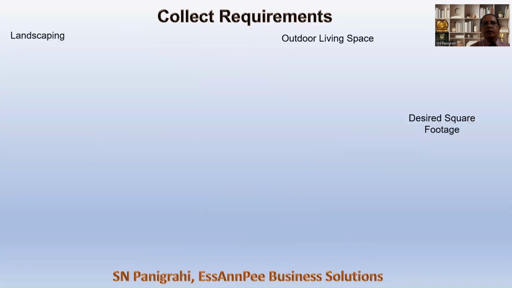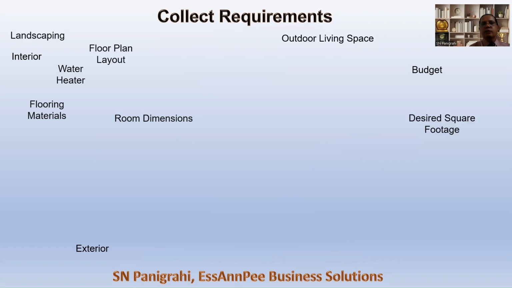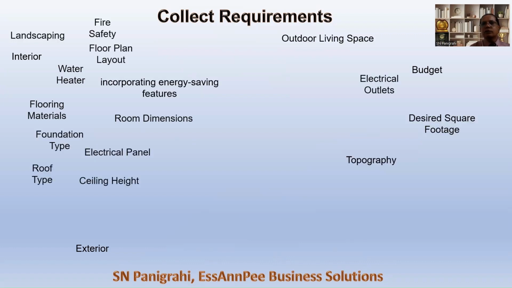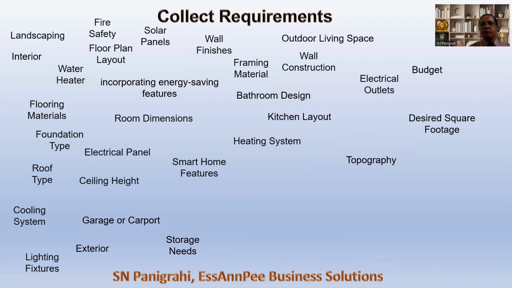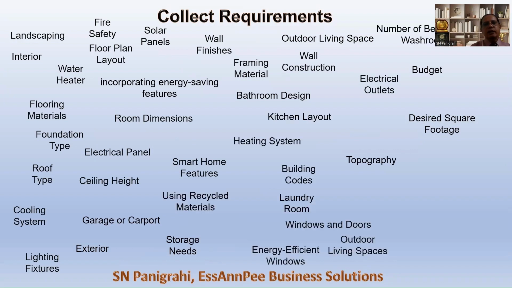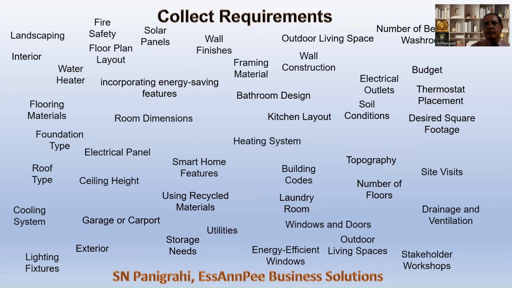The requirements may come from different perspectives, and they are scattered, with many requirements for the project, constructing an eco-friendly house. These are some of the requirements, but they are all in a scattered manner.